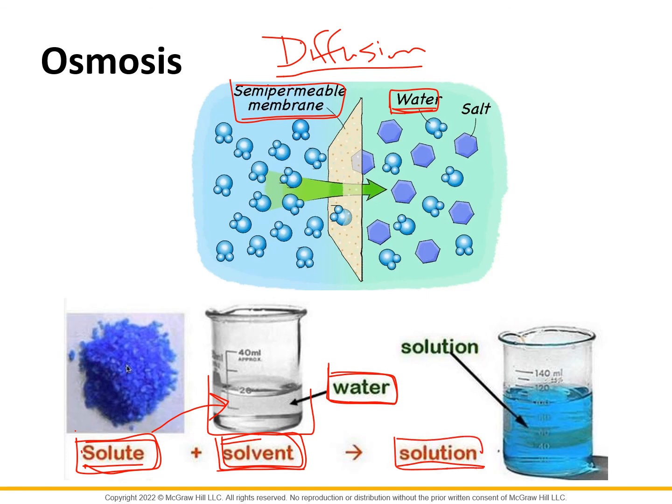Now, solutions are always expressed in percentages. So the solution itself will be 100%. That means the percentage of the water plus the percentage of the solute will equal 100%.